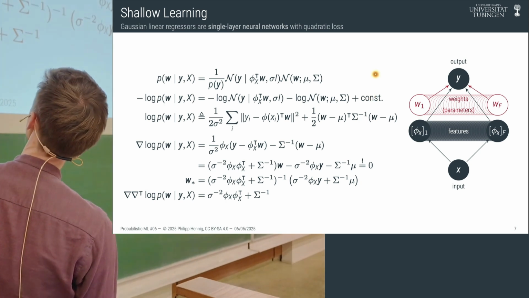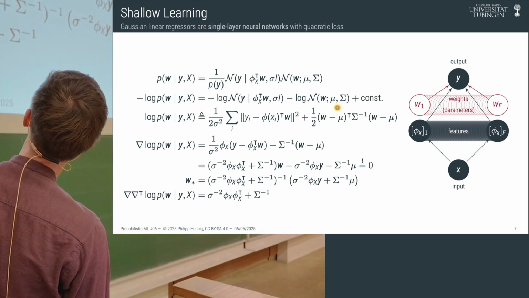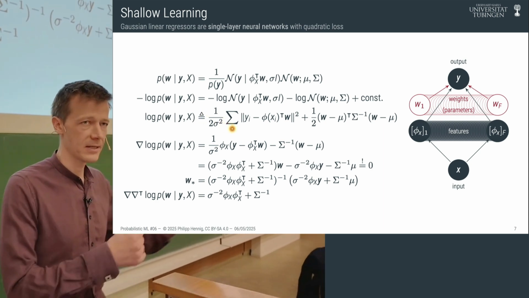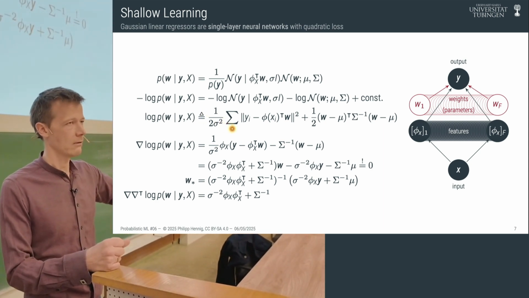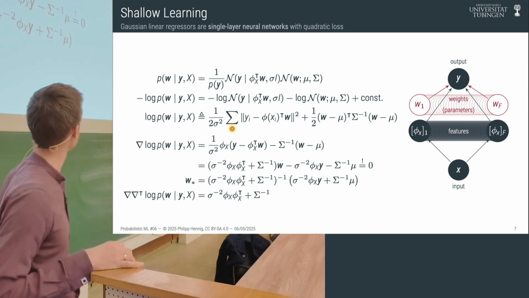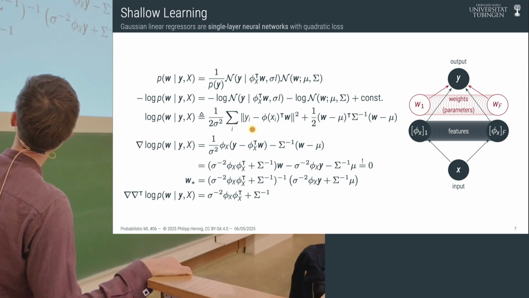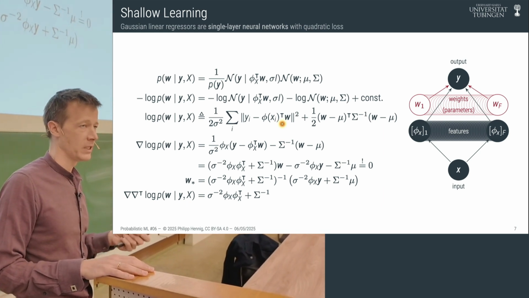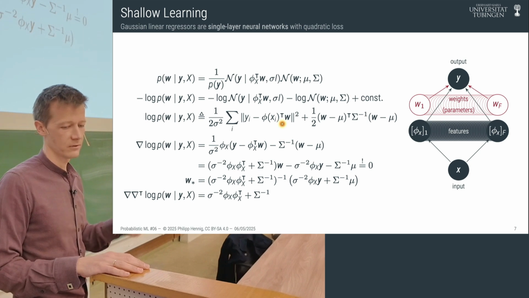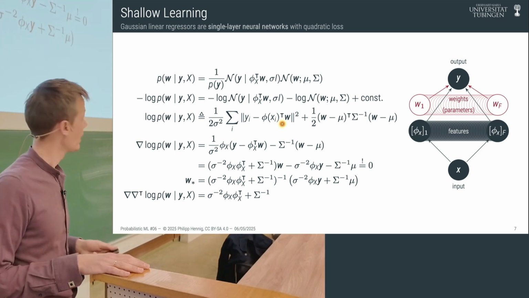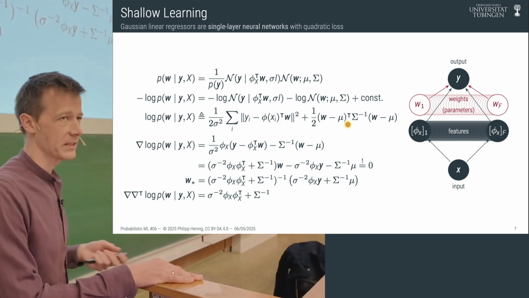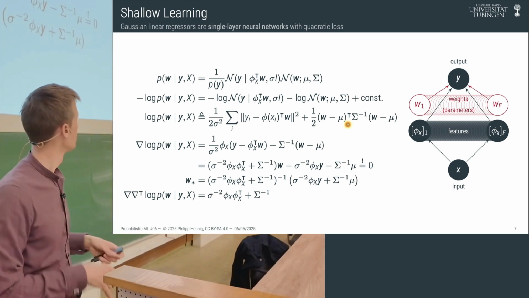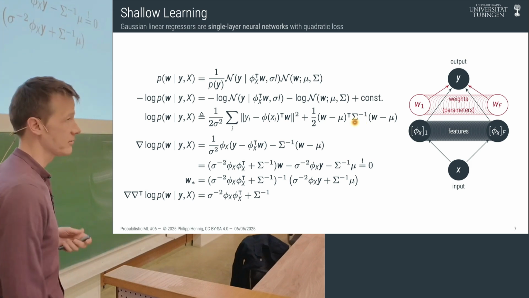So if we now think about what this logarithm of likelihood and prior actually is, think of a Gaussian as the exponential of a square. So our product over individual Gaussian likelihoods is a sum in the logarithm over individual quadratic terms between the data and feature functions times weights. And the prior over the weights, well, that's a quadratic form. So an inner product between a vector shifted by the mean over the weights and itself scaled by the prior covariance.